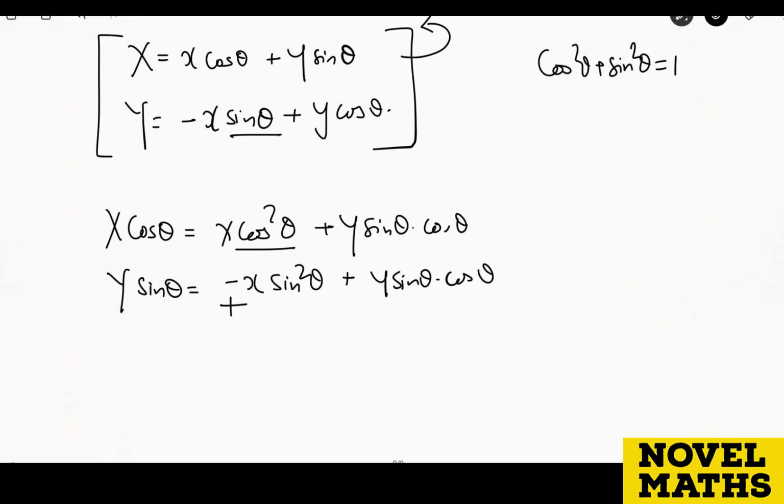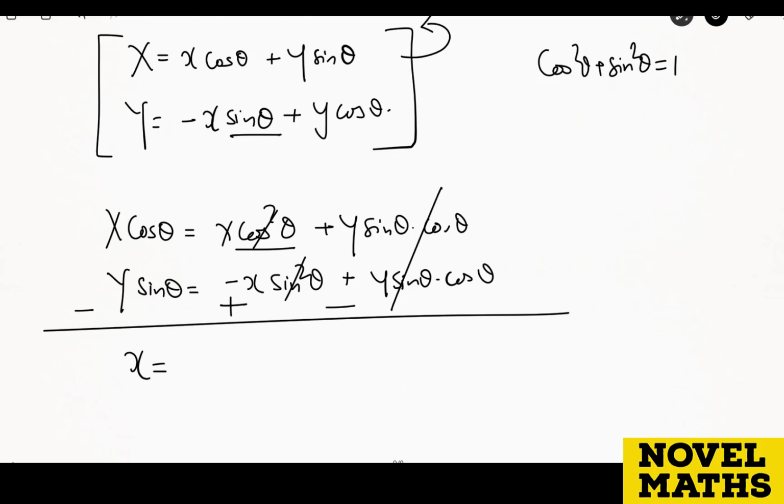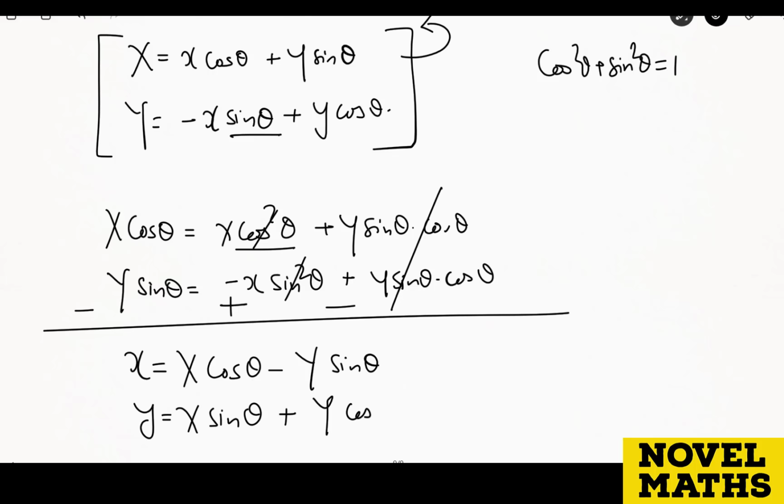Just subtract, this will become 1, right? And this will cancel out, so X is x cos theta minus y sin theta. Similarly, you can do the other way also. If you multiply here by sin theta, this will become sin square theta, and you will get Y is x sin theta plus y cos theta.